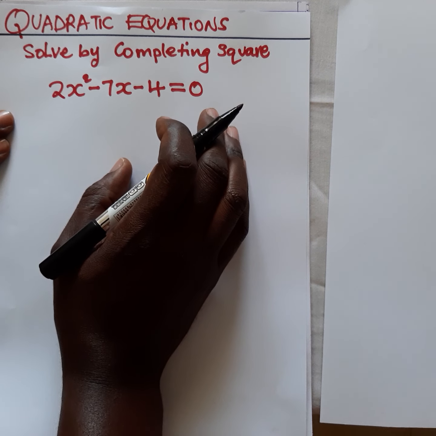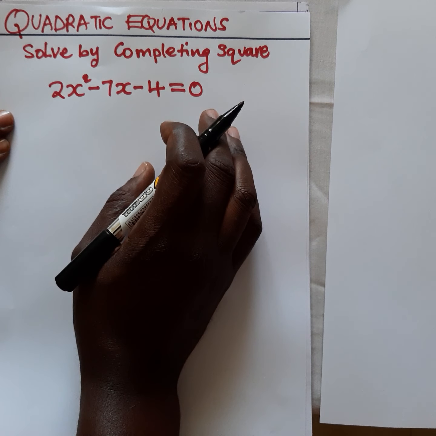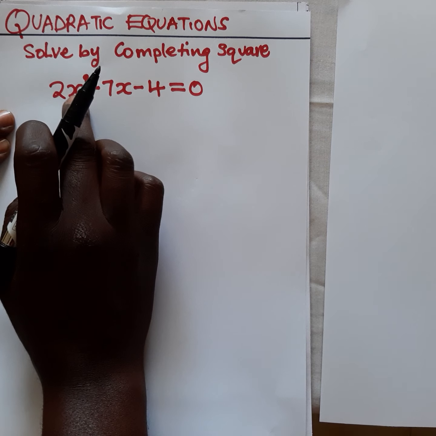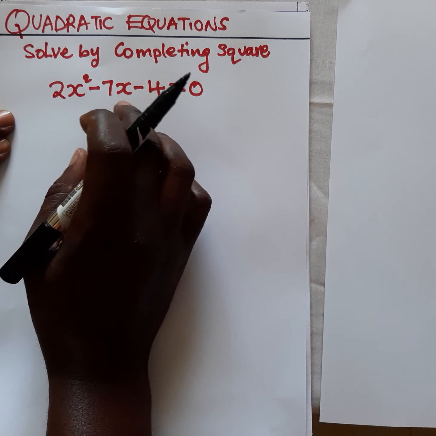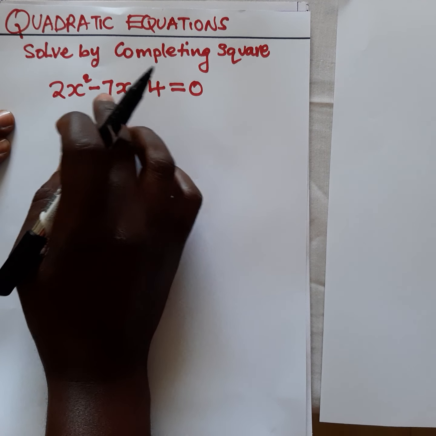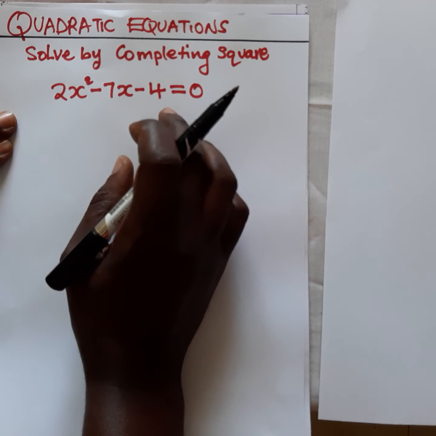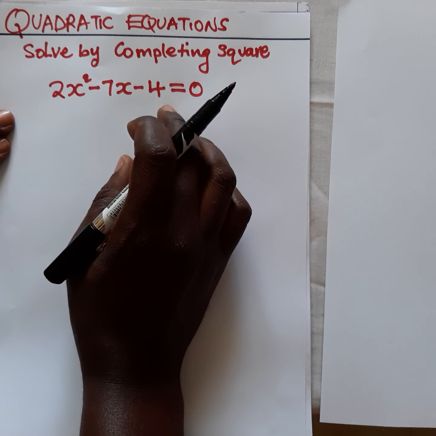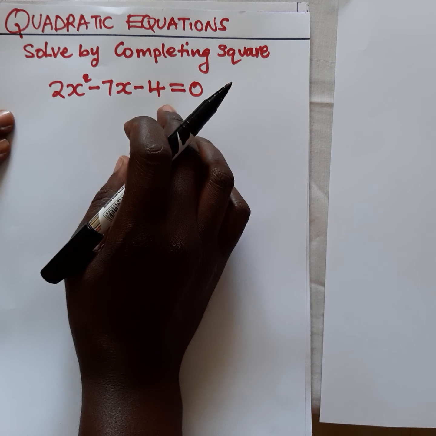In this case, the coefficient of x squared is more than 1, so we have 2, whereas the coefficient of x is -7 and the constant is -4. So the first step, we add 4 to both sides.